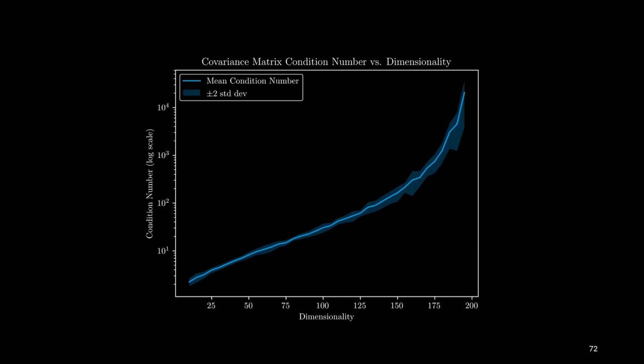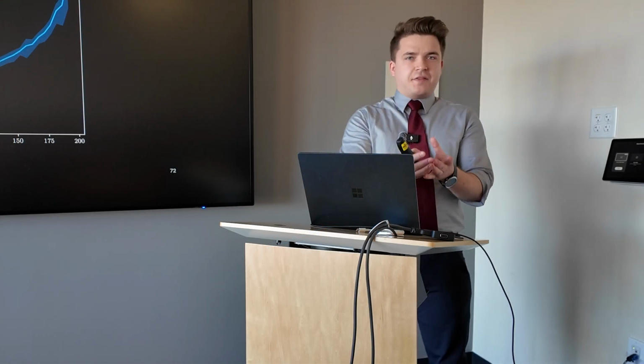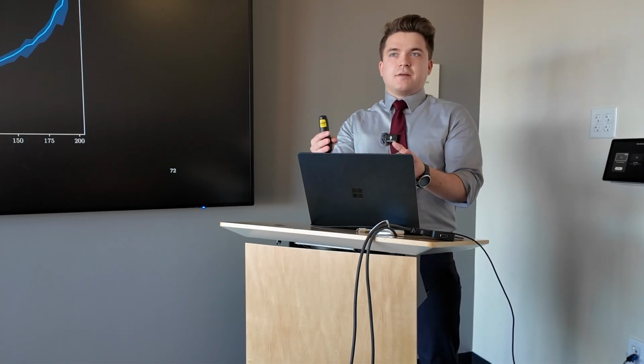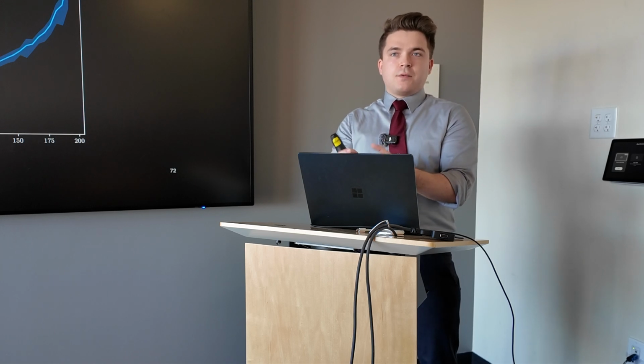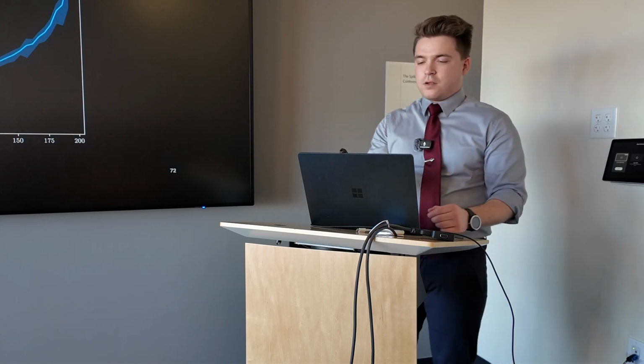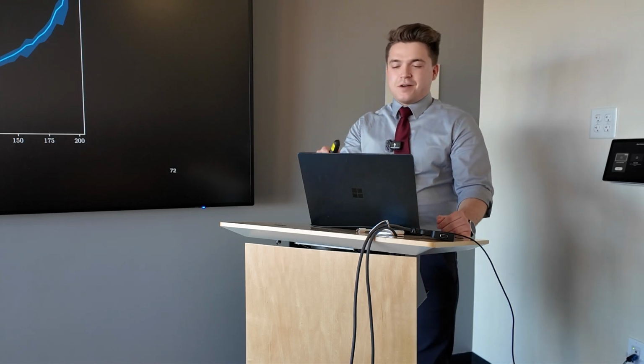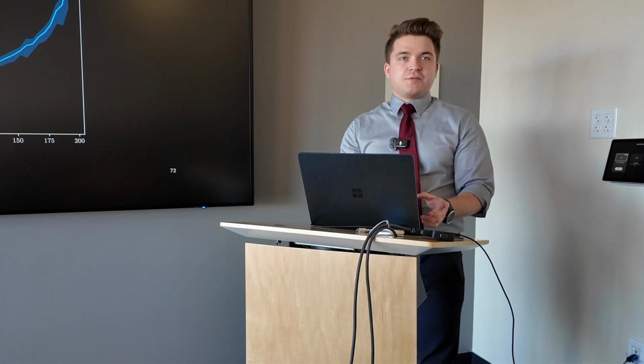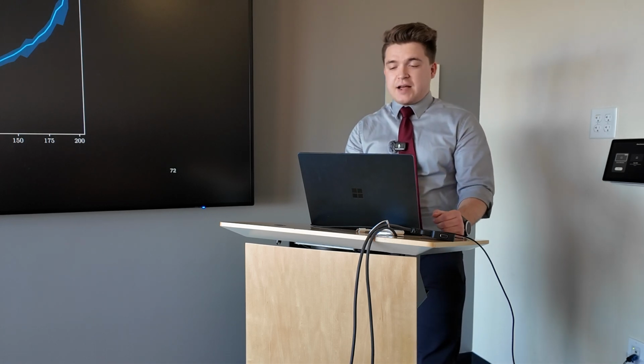As it grows off to infinity, it becomes impossible to invert that matrix. And in the limit, as the number of samples that you have to fit that data approaches the actual dimensionality of your problem, your matrix becomes non-invertible, sorry. All this to say that fitting these empirical covariance matrices is really hard for high-dimensional tasks.